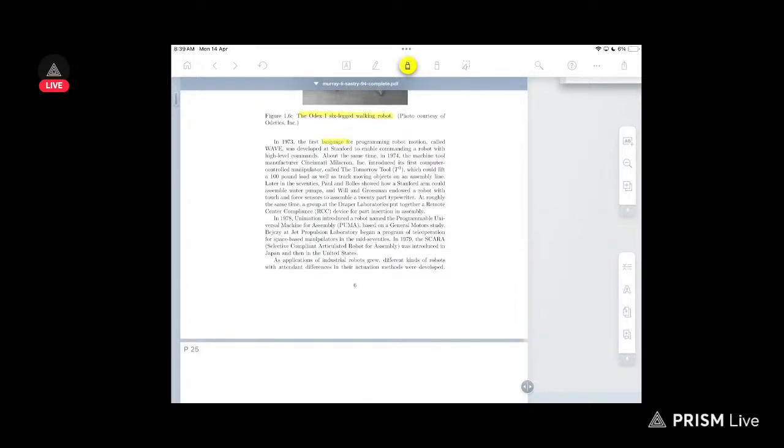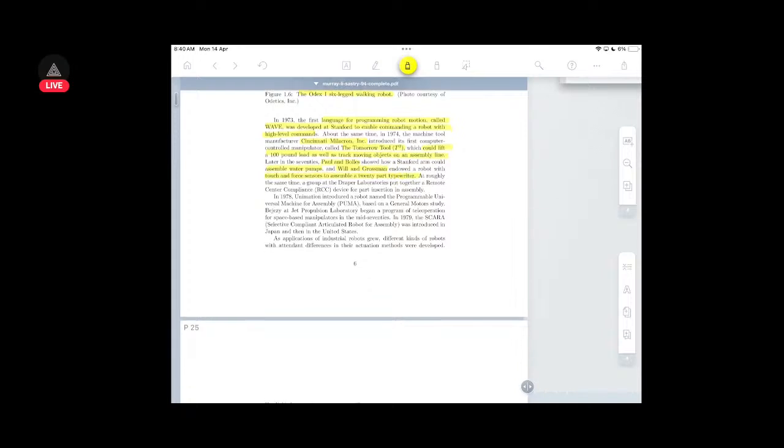A language for programming robot motion called WAVE was developed at Stanford to enable commanding a robot with high-level commands. Cincinnati Milacron also introduced the T3, which could lift a 100-pound load as well as track objects moving down an assembly line. Paul and Bolles showed how to assemble water pumps, and Will and Grossman used touch and force sensors to enable assembly of a 20-part typewriter.